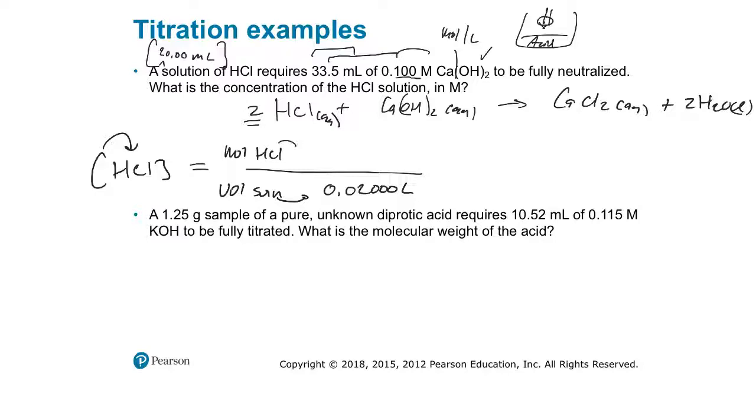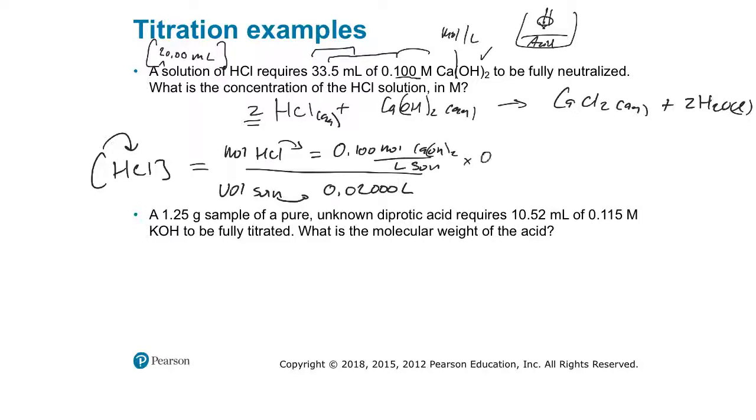And then the moles of HCl, I can calculate here by taking the volume and the molarity of the calcium hydroxide solution. So I'm calculating the moles of HCl, starting with the 0.100 moles of calcium hydroxide present per liter of that solution.